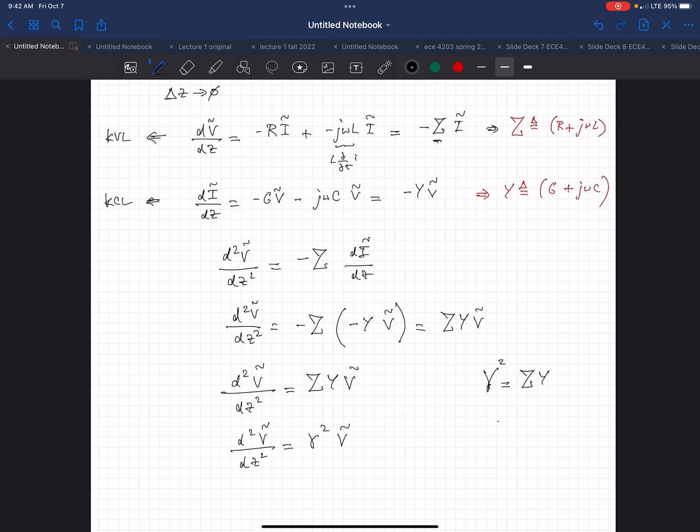And I'm going to call this guy the propagation constant.